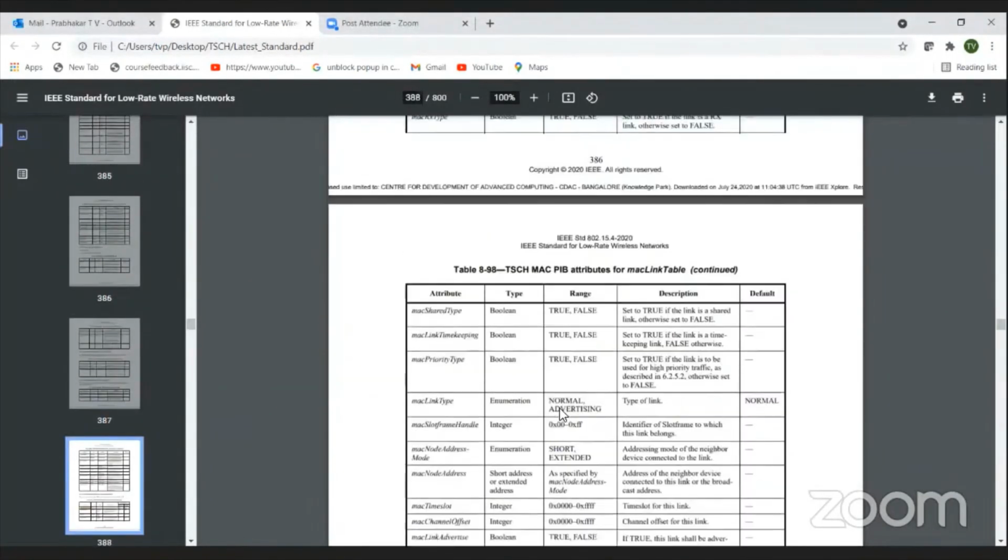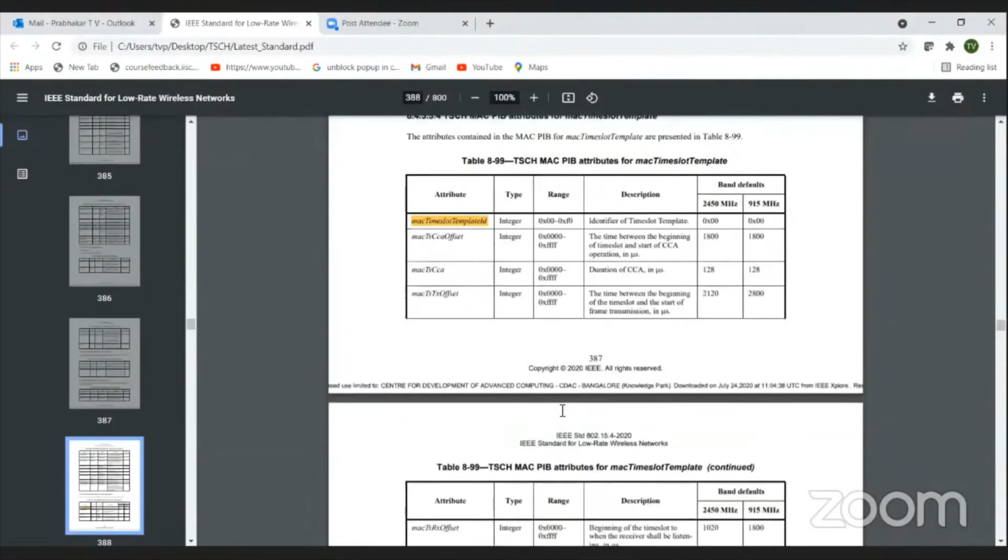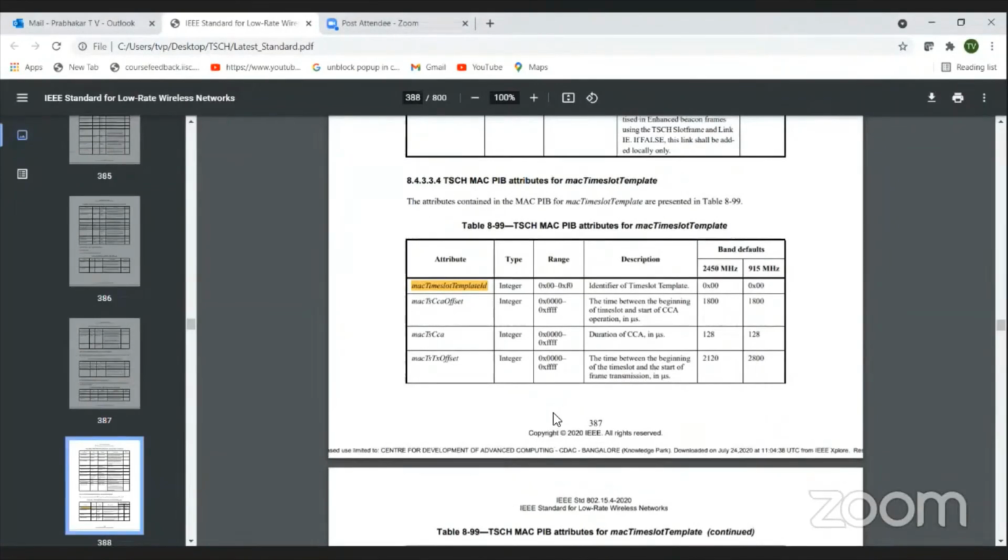So you see, folks, what we showed you is a snapshot of this particular table, which is 899.